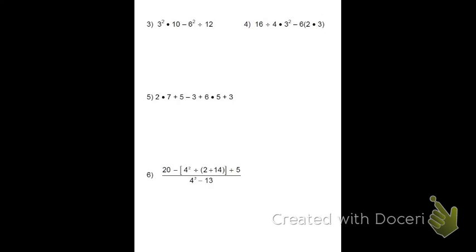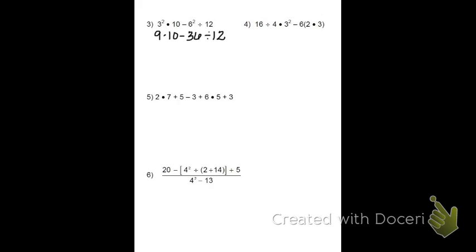Okay, now we're looking at number 3. This one has exponents and multiplication, division, subtraction, everything. So let's look at our exponents first. 3 to the power of 2 is 9. 6 to the power of 2 is 36. Go ahead and write in the rest of the equation.